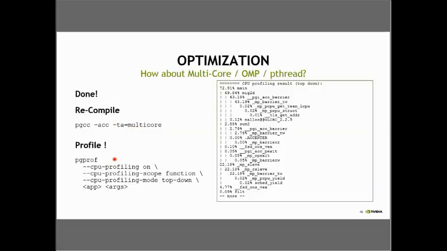And you also have the ability with PGPROF to profile from the command line or from the GUI, as we described earlier. And you get some insight from that. It shows you what's going on behind the scenes, where the barriers are. So this is actually a very, very compelling story. We didn't use OpenMP at all. Didn't use pthreads. We stayed with OpenACC and data directives.